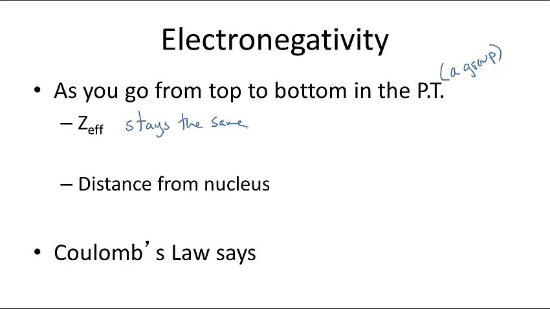That addition of the energy level makes all those extra electrons core electrons now, and it cancels out the charge of the increased number of protons. So the effective pull that the electrons feel from the nucleus stays the same, except for the fact that the distance from the nucleus increases because your atoms are getting bigger.